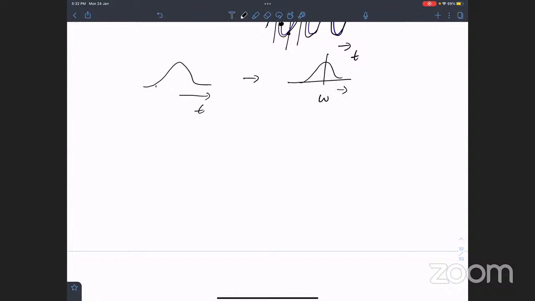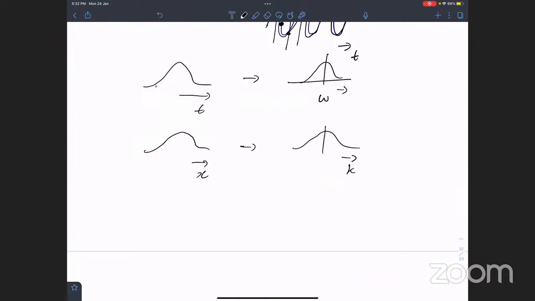In the same way, if I have a function that is a function of distance, I can take it to k space. So k space is like the Fourier transform of space, basically. k is nothing but a spatial frequency.